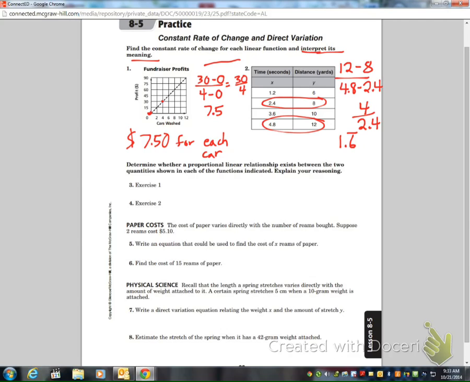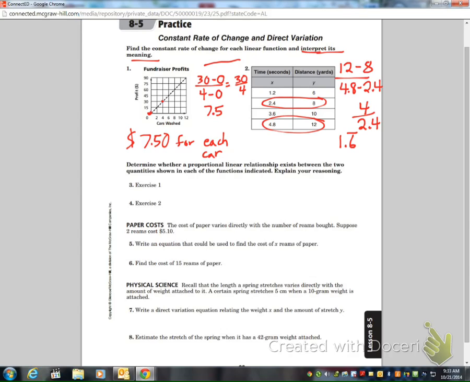Remember, that's what we're looking at. When we're looking at a rate of change, we're looking at what's happening to y for each change in x. So for each 1 x, for each 1 second, right, we're covering 1.6 repeating yards, right? So that's what interpreting it would look like.